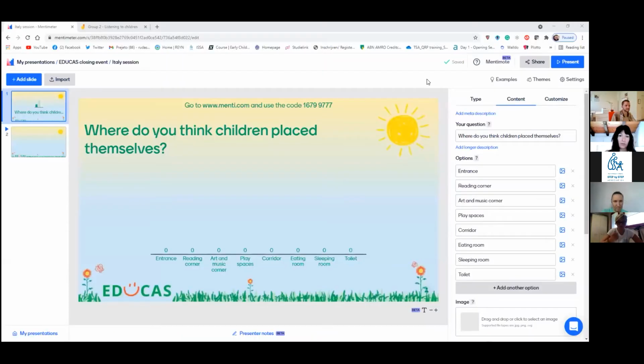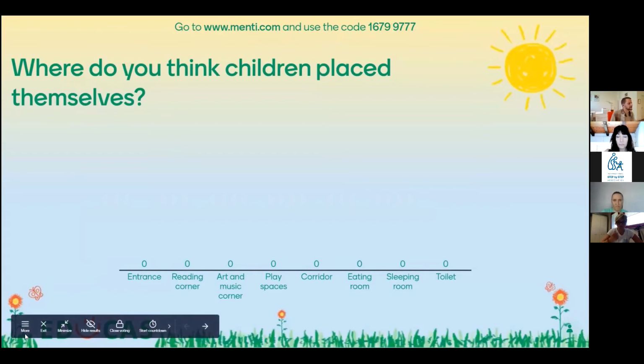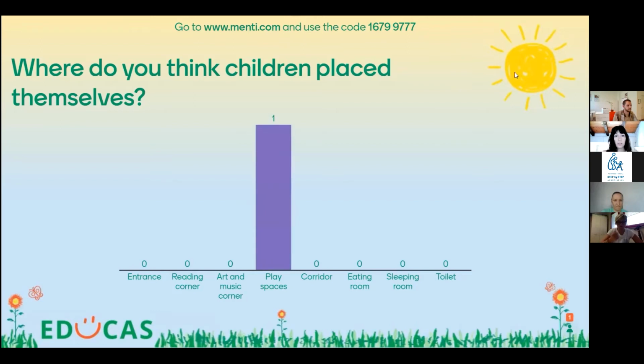You can choose among entrance, reading corner, art and music corner, play spaces, corridor, eating room, sleeping room, or toilet. And then you have to submit. And we are going to see what you think.